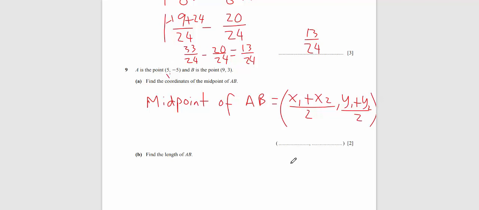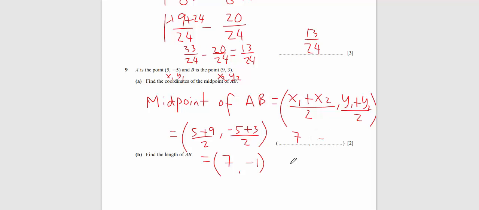So you can call this x1, y1 and then x2, y2. And then you should get 5 plus 9 over 2. The y1 and y2 will be negative 5 plus 3 over 2. And then you will get 7, negative 1.